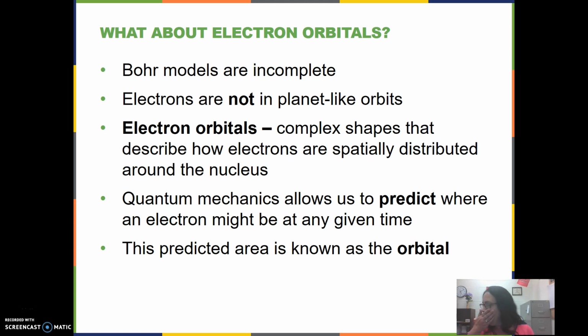But the reason that the Bohr models are not complete is that electrons really don't orbit. We use this word orbital, and it's very misleading because electrons move around very fast and they move in a random motion. They do not orbit like a planet orbits the sun.